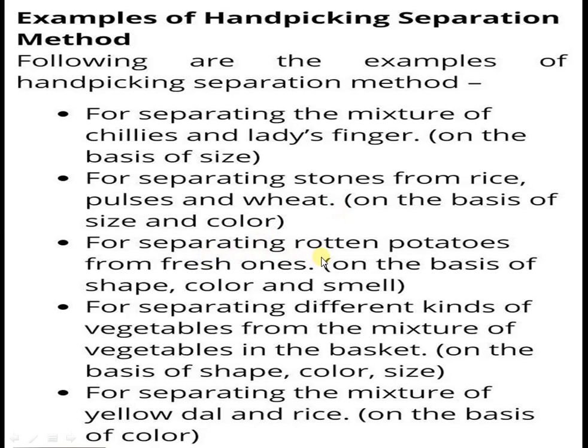For separating rotten potatoes from fresh ones on the basis of shape, color and smell. For separating different kinds of vegetables from the mixture of vegetables in the basket on the basis of shape, color, size. For separating the mixture of yellow dal and rice on the basis of color.